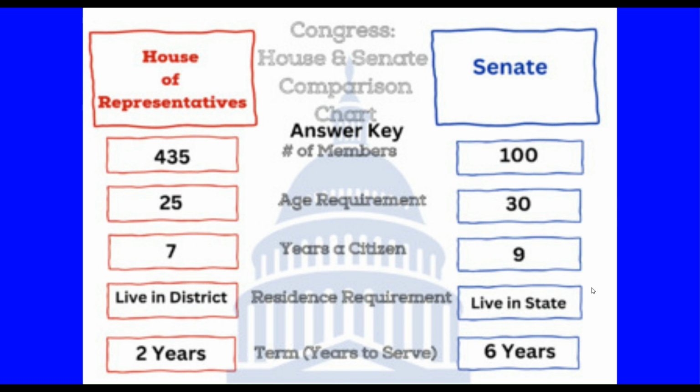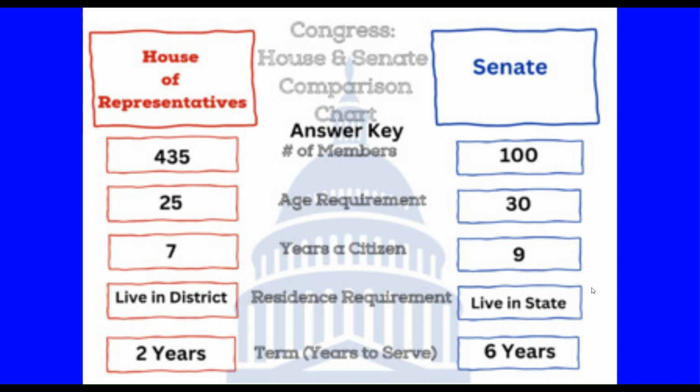Just more information. The age requirement to get into the House of Reps is 25. The age requirement to get into the Senate is 30. If you want to be in the House of Reps, you could have been born in another country, but you had to be a citizen for at least 7 years.